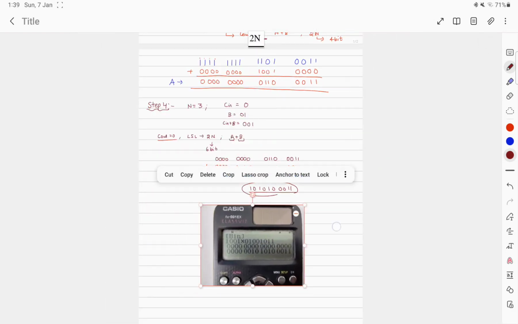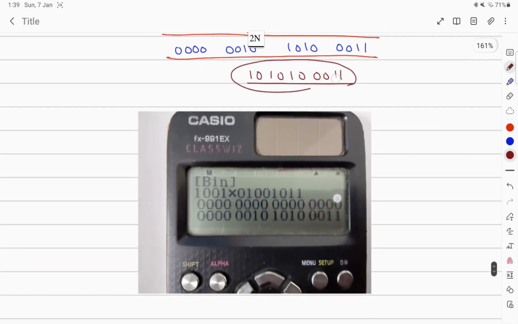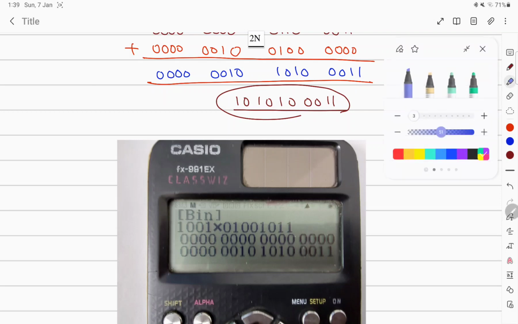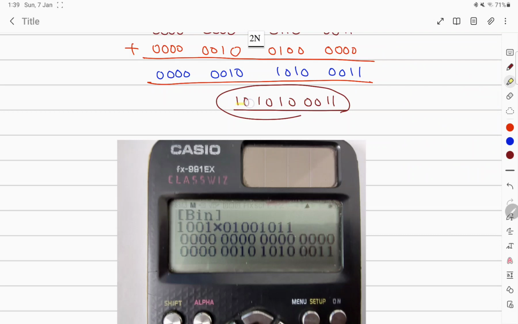If you check closely, what you get from Booth's algorithm is 1 0 1 0 1 0 0 0 1 1. Same again, if you check the last 16 bits also: 0 0 0 0 0 0 1 0 1 0 1 0 1 0 0 0 1 1. So these are your answers.